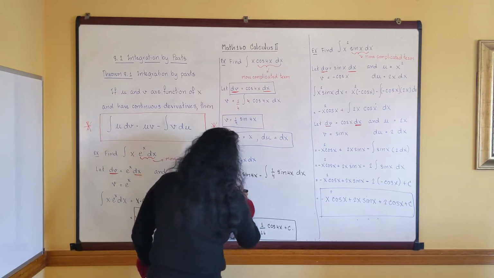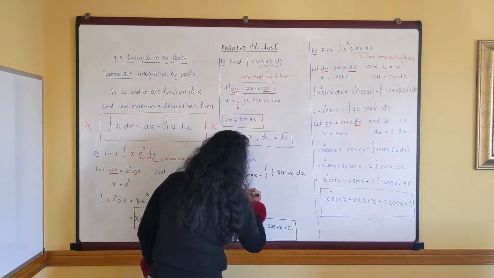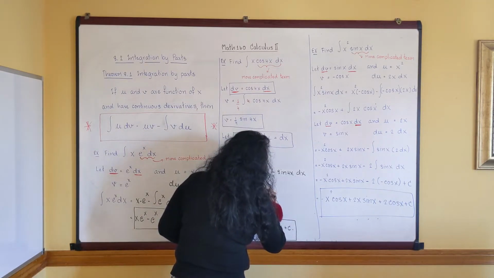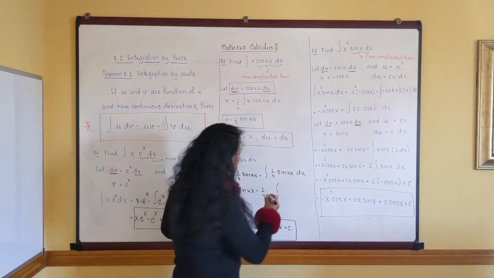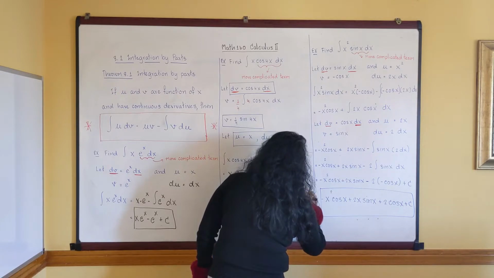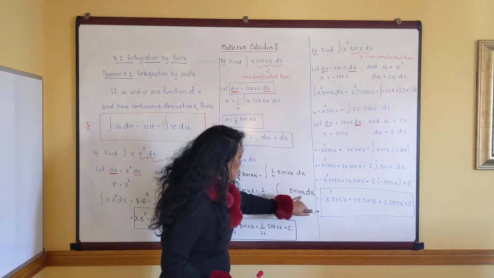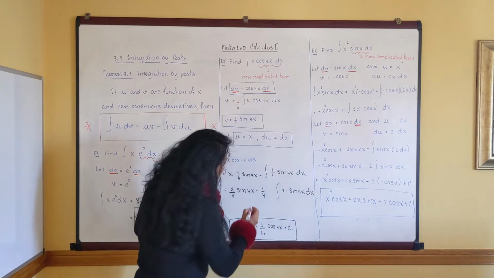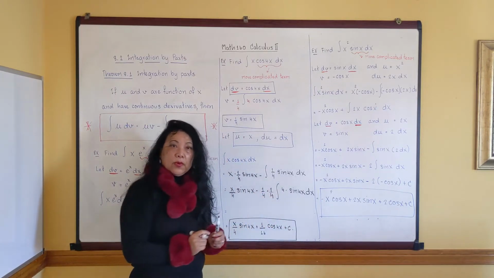The first term here, I don't have to do anything. So I'm going to have x over 4 sine of 4x. That's the first term. For the second term, I'm going to take out the 1/4 because I'm allowed to take out the constant. Then I have sine of 4x dx. What I'm missing here is the derivative of 4x, so I put 4 here, and I have to multiply by 1/4 because 1/4 times 4 is 1.